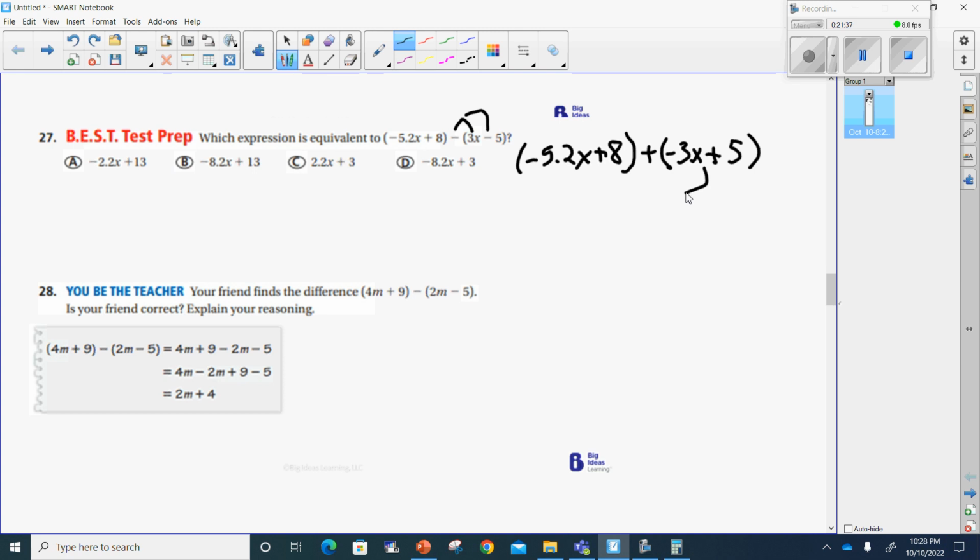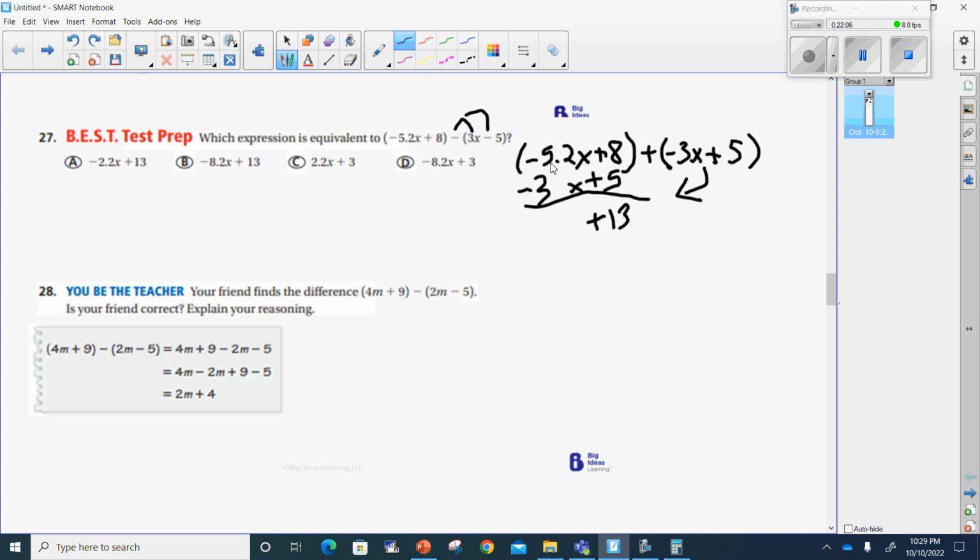And now I go ahead and bring it over here. I got an x, so I'm going to take this negative 3x, subtract it from there. Then I have a positive 5, so I'm going to add 5 here. 8 plus 5 is 13. Rewrite that because that looks like a B. It's a positive 13.